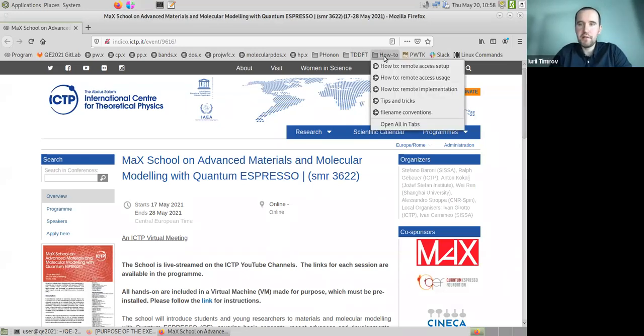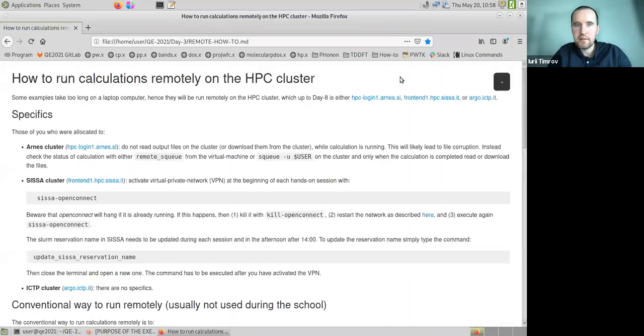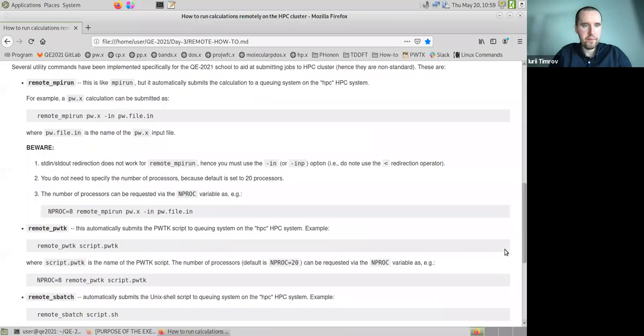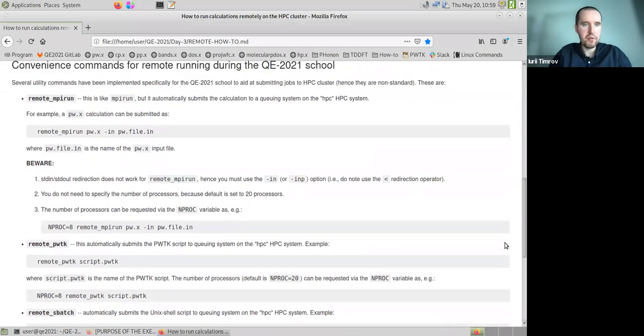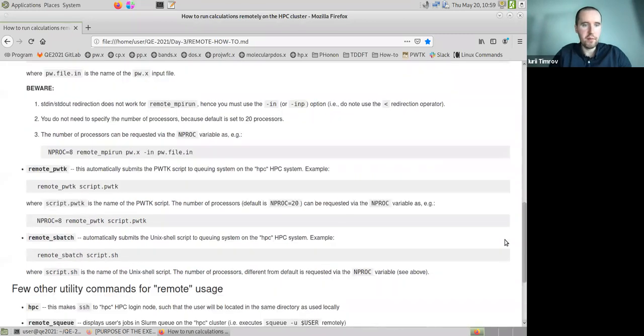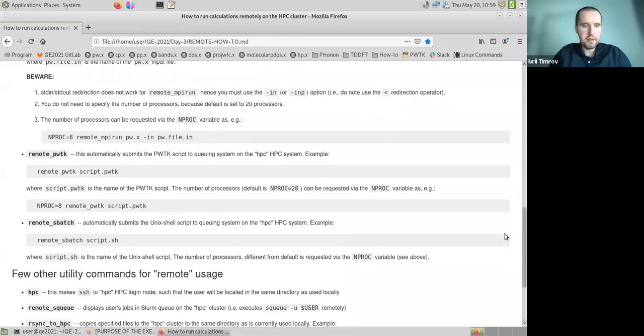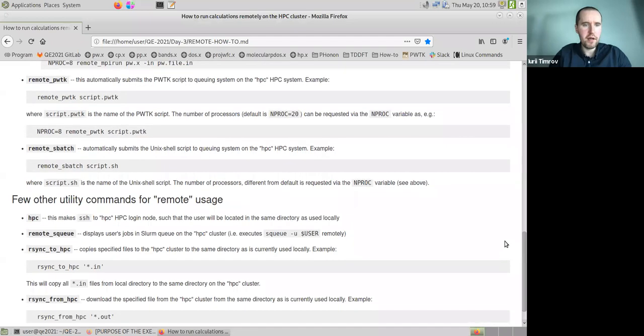You click on it, then you choose remote access usage, and you scroll down, and these are the commands: remote_mpi_run to submit the calculation with the default number of cores, which is 20, and we will use remote_SQ to monitor the execution of the calculation.